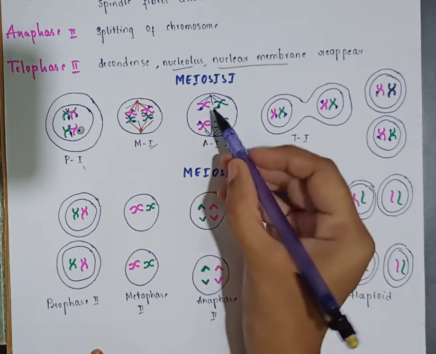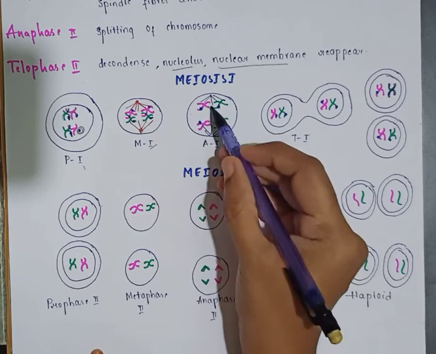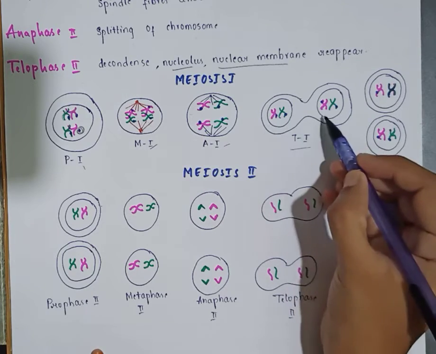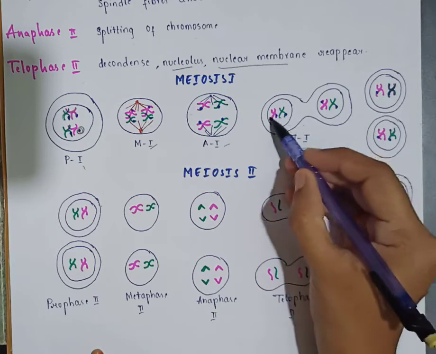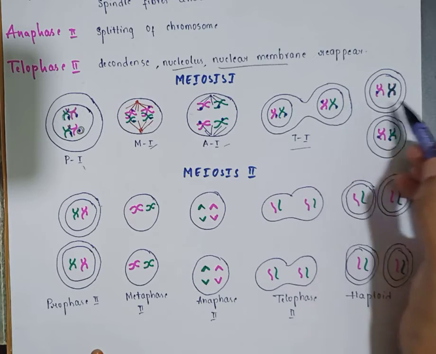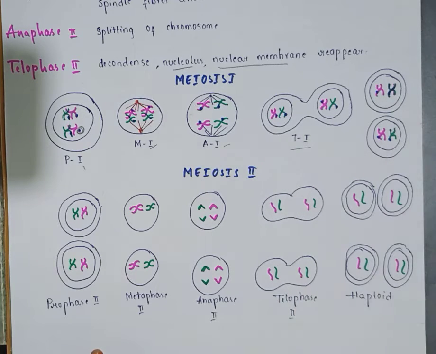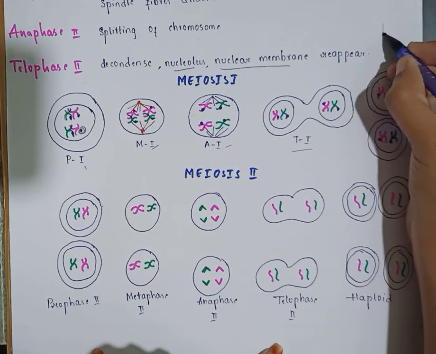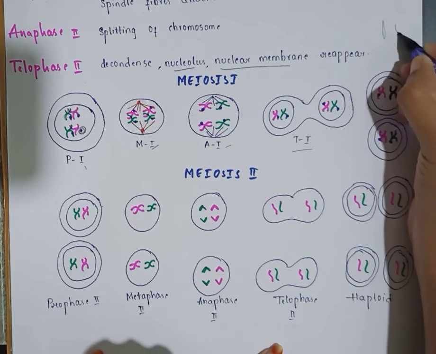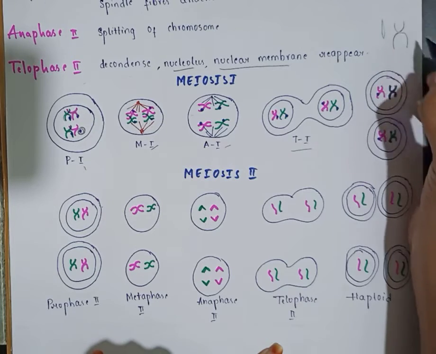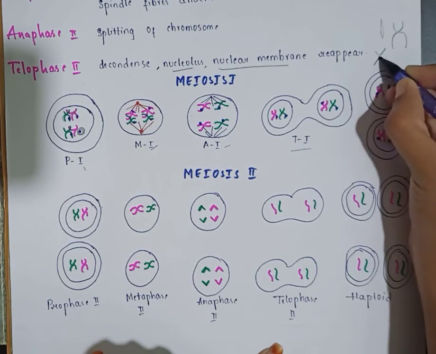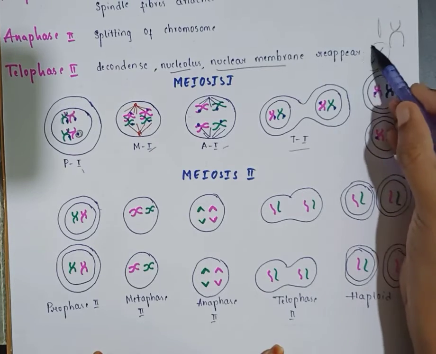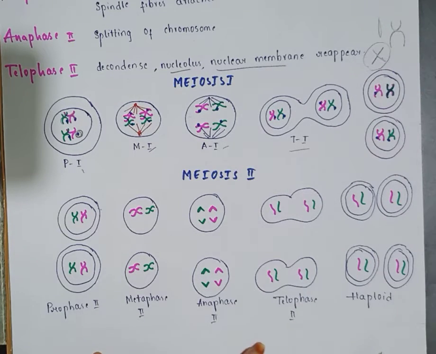During anaphase, the chromosomes move to opposite ends and get separated, and during telophase, the two chromosomes enter into different cells and ultimately result in the formation of a dyad of cells. Dyad means a chromosome is present with two sister chromatids, this is one sister chromatid and this is one sister chromatid. If this type of chromosomes are present, the cells are called a dyad of cells.